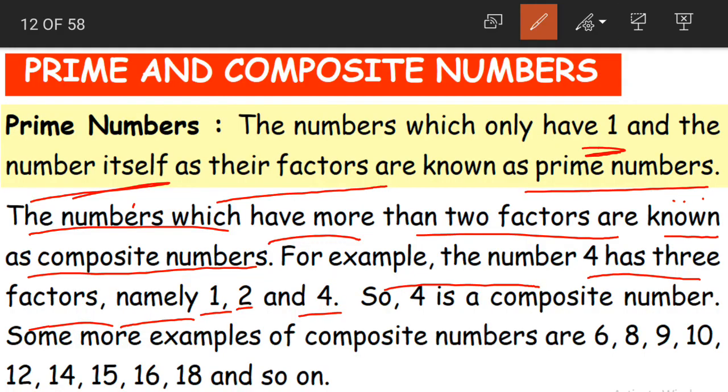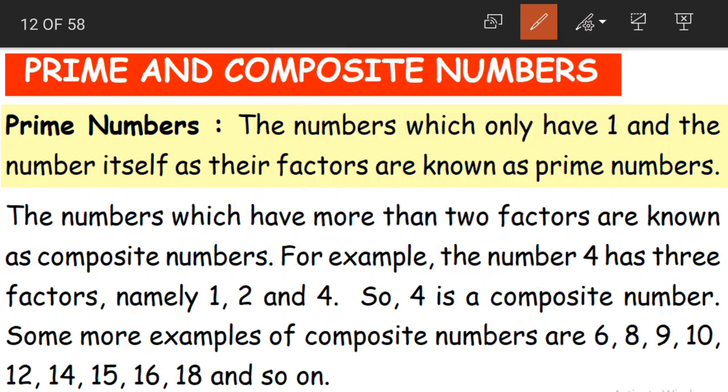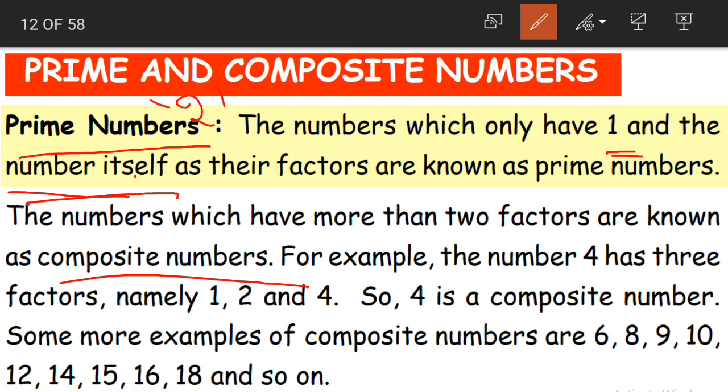In the same way, a number can be only either prime or composite. So the numbers which are not prime numbers are called composite numbers. Prime numbers have only 2 factors, that is 1 and the number itself. Composite numbers have more than 2 factors.